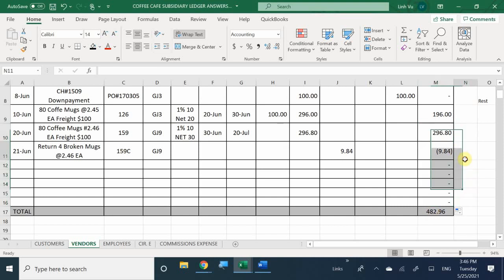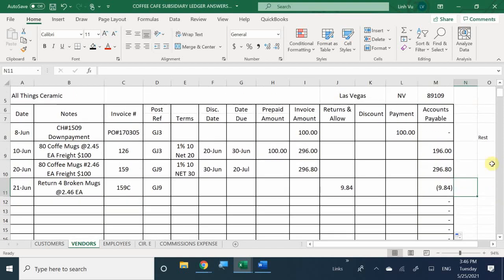However, one column I don't have is what happens when you return an item and it goes against your invoice. Therefore, if you want to, you can put it on the side that for this invoice right here, number 159, it's no longer 296 anymore.